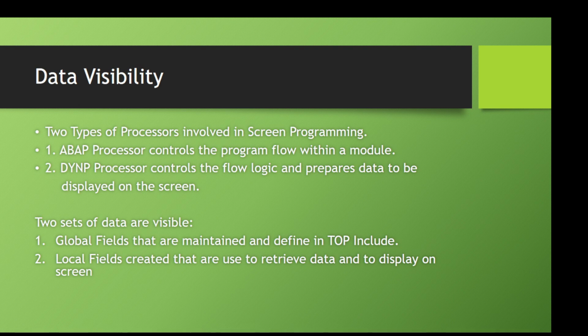The next thing is the sets of data. There are two sets of data that are visible. One type of data is the global fields that are maintained and defined in the top include. Let's say we are going to create an application for customer invoice generation. If it involves different screens, we have to maintain some global fields which will be available for all the screens.